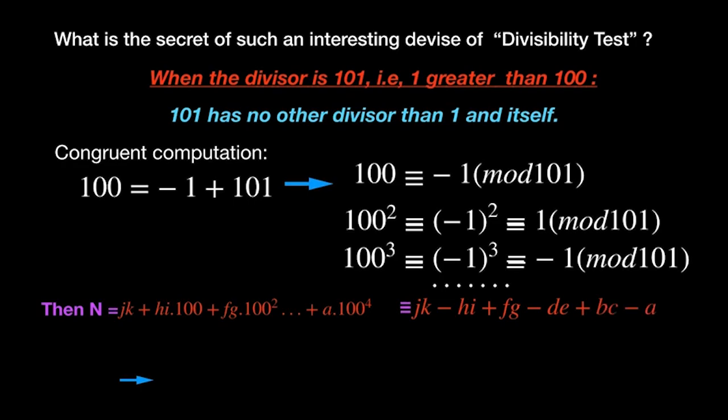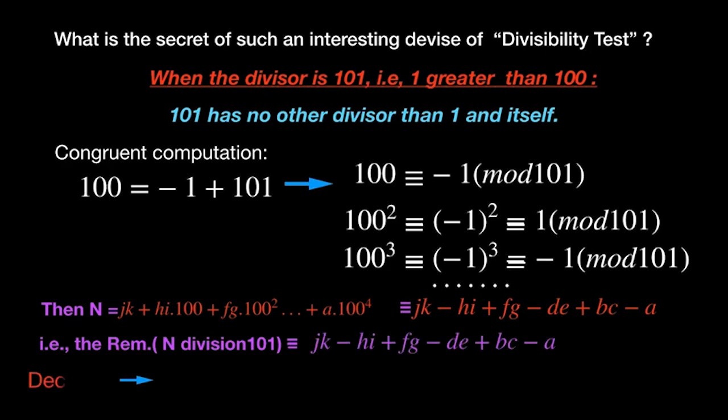So clearly the remainder value of the number n will be like this. Here the number n can be expressed in the form of 2-digit blocks from the right side, and in this way, by putting the remainder values of 100, 100 square and 100 cube respectively, we get the remainder value of the number n like this: jk minus hi plus fg minus de plus bc minus a, and therefore we have got this alternate digit sum.